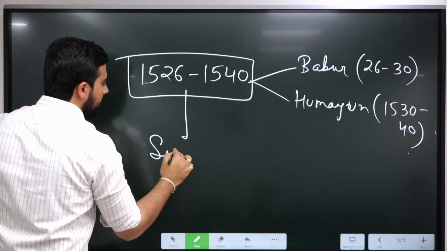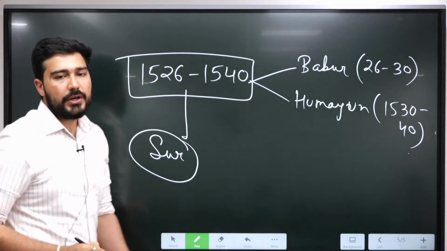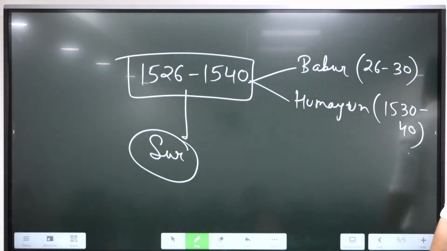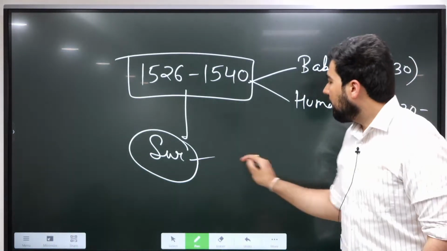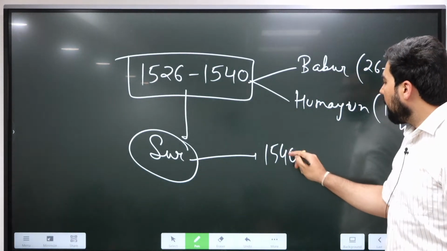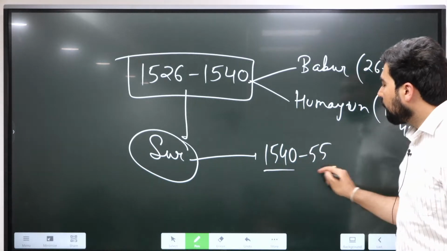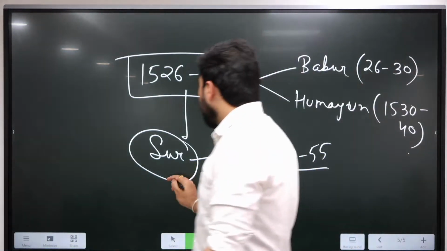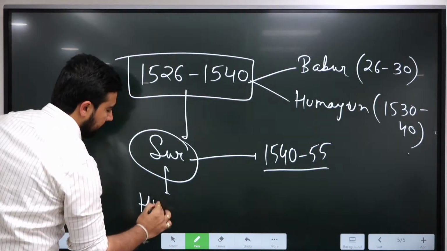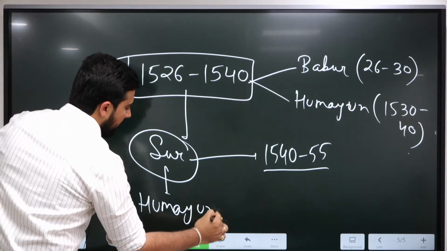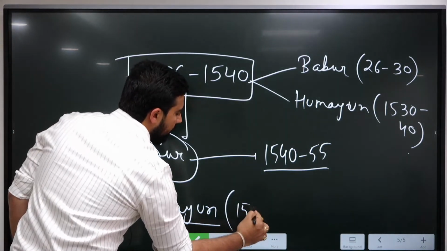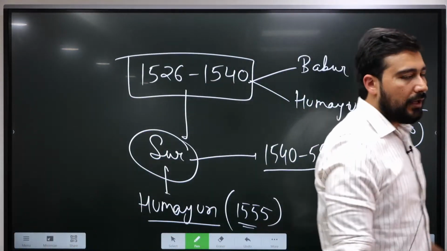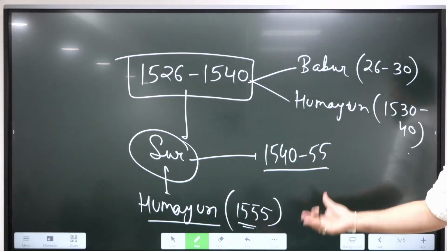In between, we see the rise of the Sur Empire, Shershah Suri. He was able to defeat Humayun in 1540 in the Battle of Bilgram, and thereafter from 1540 to 55 we see the rule of the Sur dynasty. Humayun was able to win it back in 1555, but he fell from the stairs of the library in which he was studying and he died.